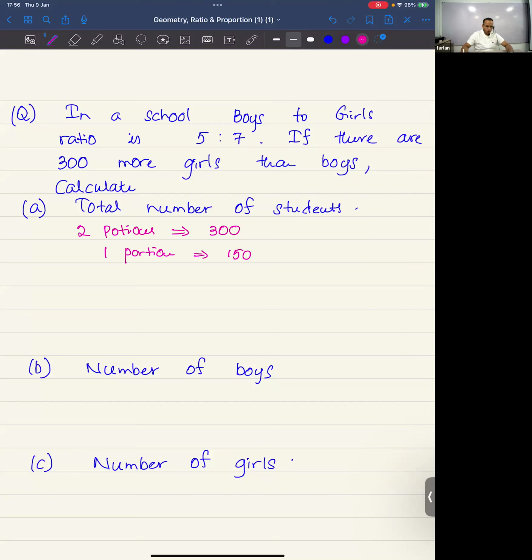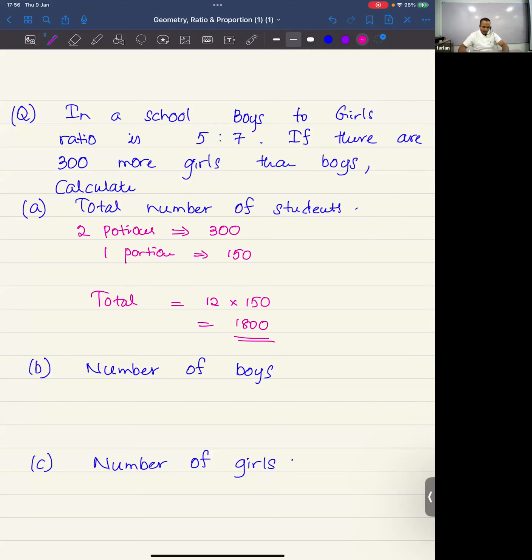Correct? So then they're asking the total number of students. Totally how many portions? 5 portions of boys, 7 portions of girls means total is 12 portions. So then the total will be 12 into 150. That is 1,800 students in total.